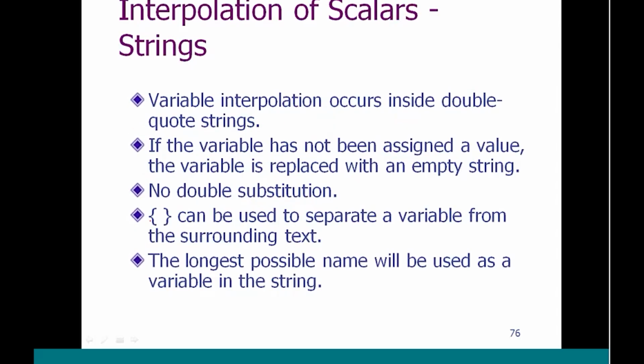So let's look at the interpolation of the scalar variables. Mainly we talked about the rules governing this. The variable interpolation occurs inside a double quoted string essentially. So this is one of the differences that we saw in the previous lecture, the difference between a single quote and a double quote. If the variable has not been assigned a value, then the variable is replaced with an empty string.